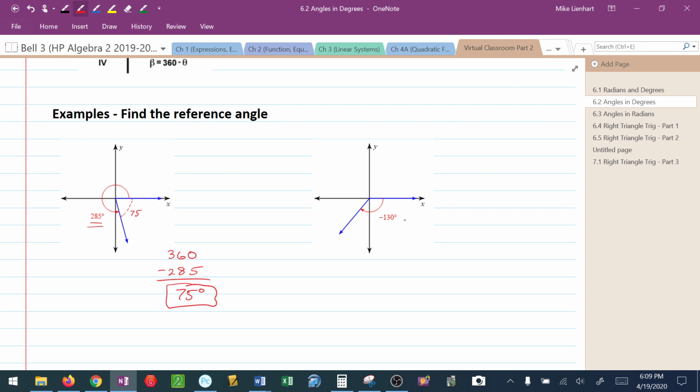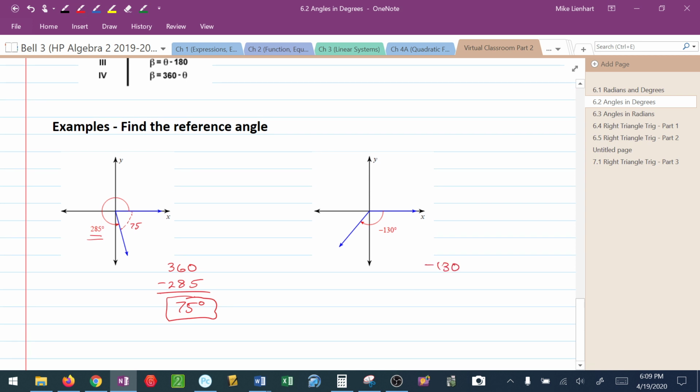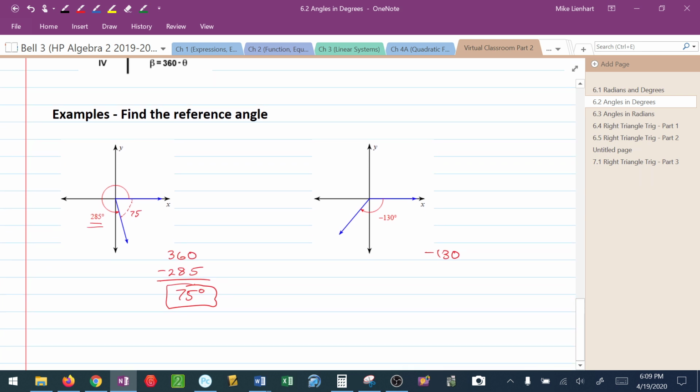Okay. How about this one? If we go negative 130 degrees. Well, if I look at this, I notice that this falls in the 3rd quadrant. Okay, not a problem. In the 3rd quadrant, they tell us to take the angle that is given, negative 130, and subtract from it, look at the formula up there, subtract from it 180.